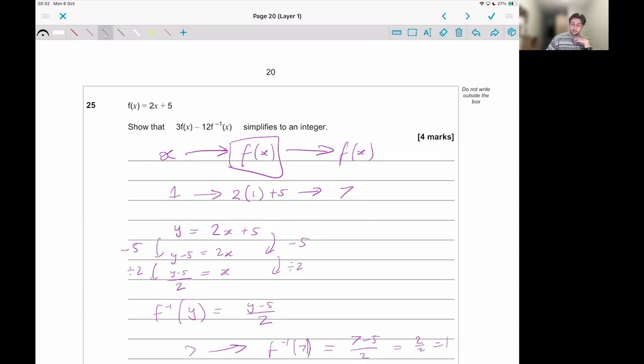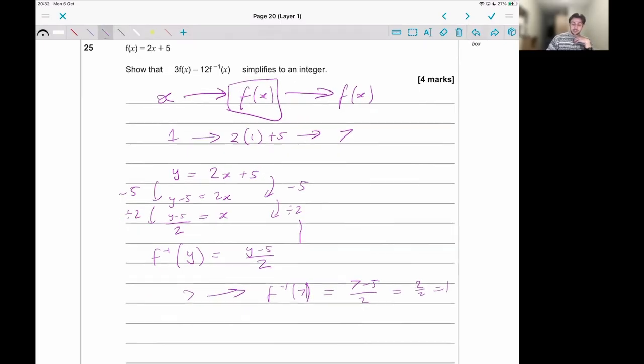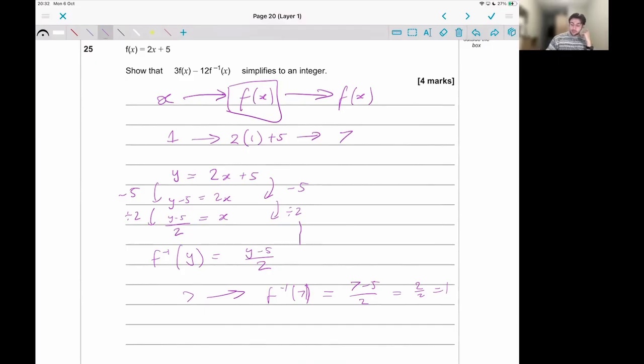And then this is just a sort of tradition thing, I guess. We'll typically write it with an x instead of a y. So f inverse of x then is (x minus 5) over 2. It's the exact same function, this inverse function that we found.